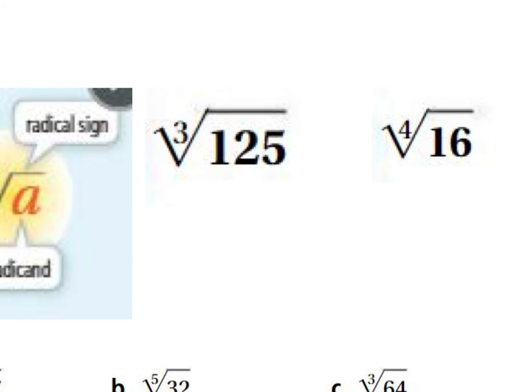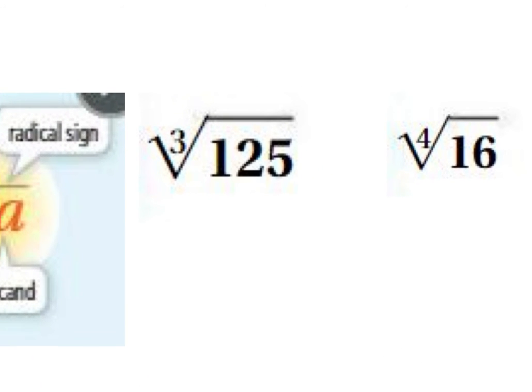Okay, what you do need to copy down is this one, the cubed root of 125. So what this is asking us is we need to find a number that when we multiply it by itself 3 times, it's going to equal 125.